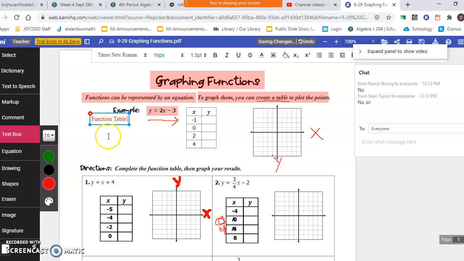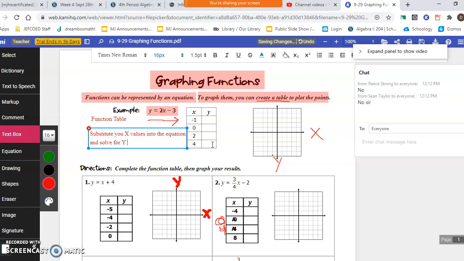Now, if you notice, you're missing values here, your range or your y values, guys, from your function table, okay? So to be able to figure out what your y values are, you're going to have to substitute your x values into the equation and solve for y, okay?